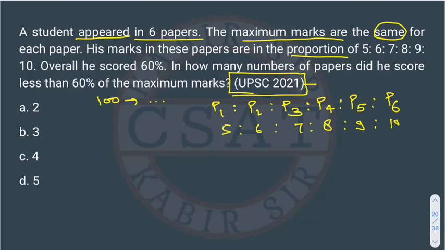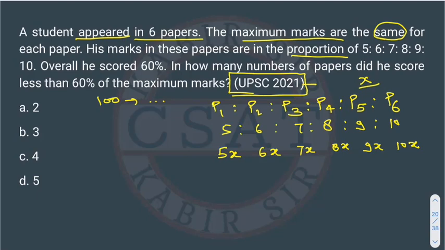We consider some value x, you can consider any value, and we multiply that x with all. So it will become 5x, 6x, 7x, because the marks will be in multiples of x, since they are in proportion. So in paper 1 the marks will be 5x, paper 2 6x, paper 3 7x, right?